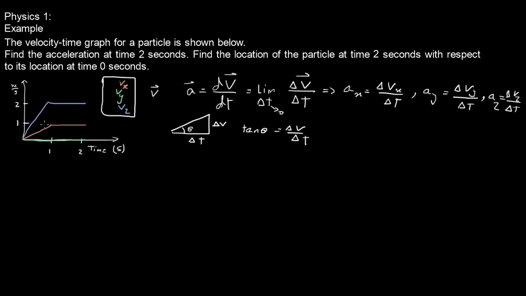So it's the same here. This edge is delta v, this edge is delta t, and therefore the angle is theta and the tangent is simply a. So this is a. Therefore, for a constant slope, that means acceleration is constant.